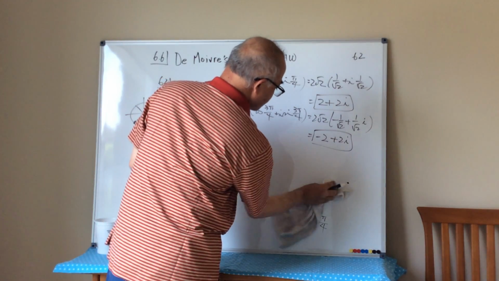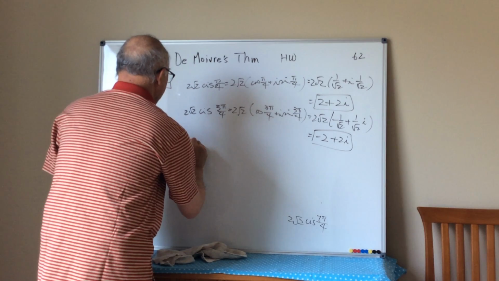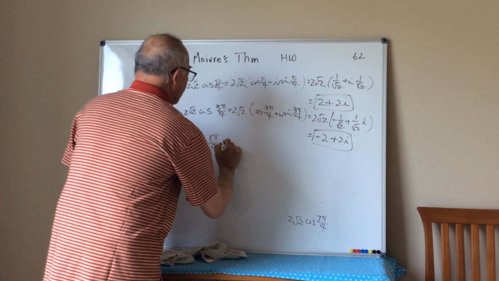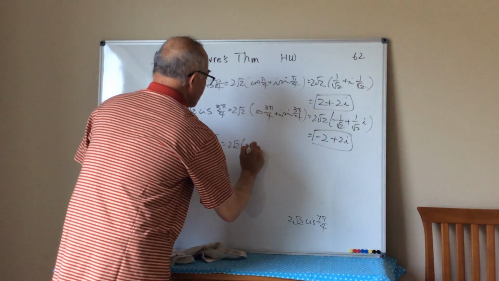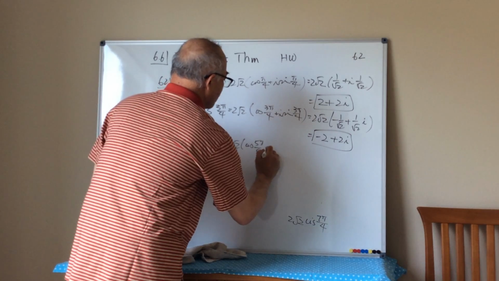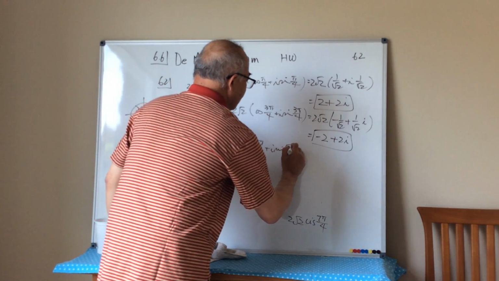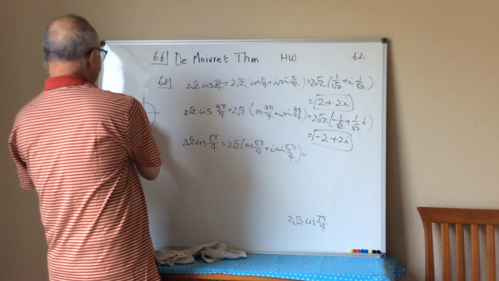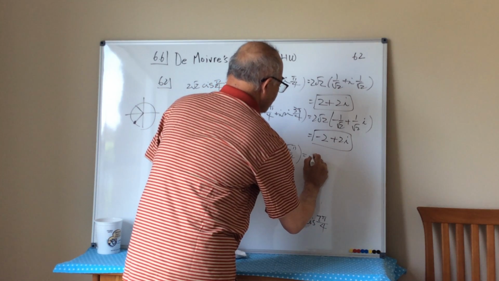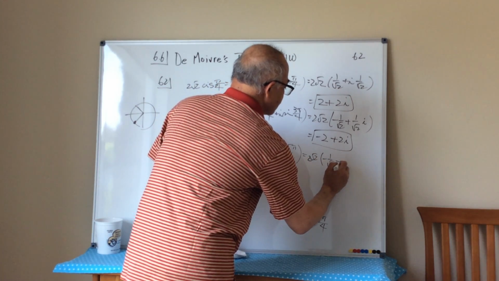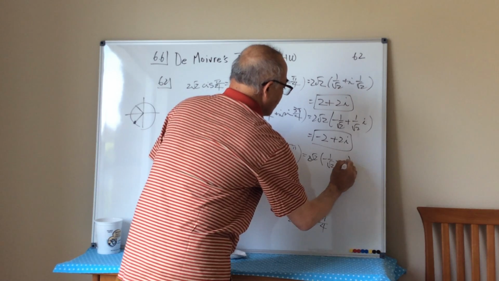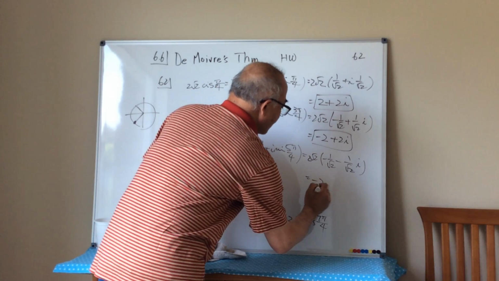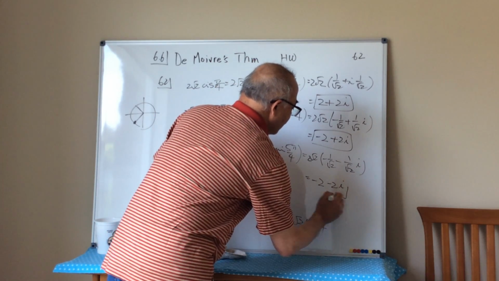So the third one was 5 pi over 4. That is 2 root 2 cosine 5 pi over 4 plus i sine 5 pi over 4. So now we're down here, so it's going to be 2 root 2 times negative 1 over root 2 negative 1 over root 2 i. So if I multiply this, I get negative 2 negative 2i.